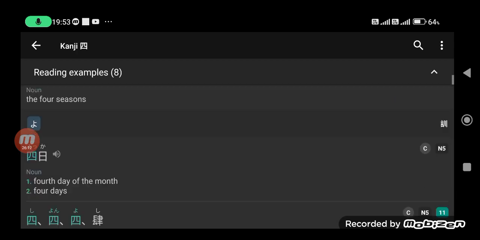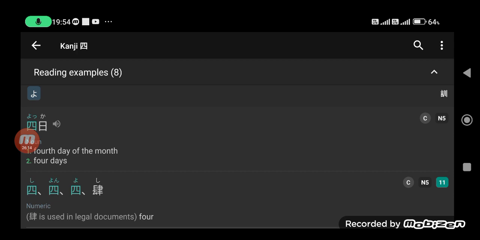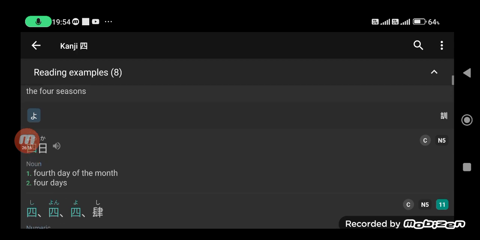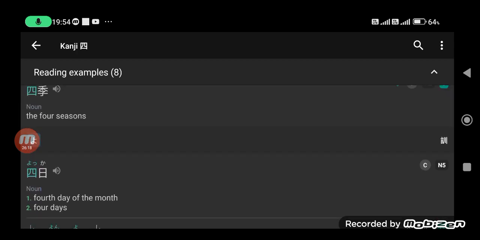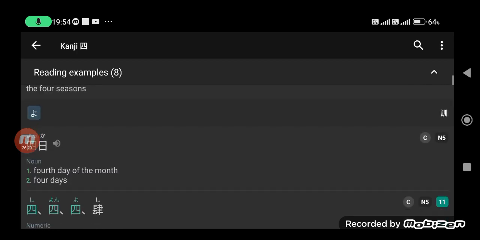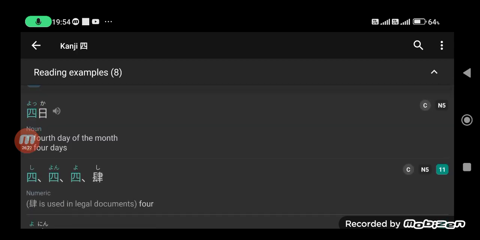Shikaku. Shiki means four seasons. Shiki. And then fourth day, yoka. Remember that one of the kunyomi is yotsu, so it has a tsu.